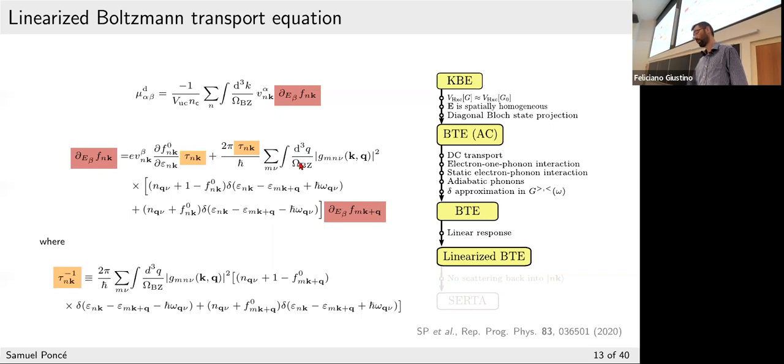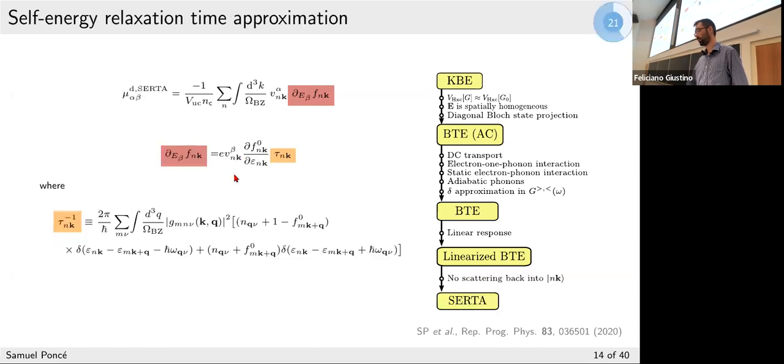Now, if you don't want to solve this iteratively, you can just decide to cancel the second term here, and then this is what we call the self-energy relaxation time approximation, because you can now express the mobility in terms of the velocity times this occupation function, but now this occupation function is directly linked with only this scattering rate, and actually this is the same as 1/2 the imaginary part of the self-energy.